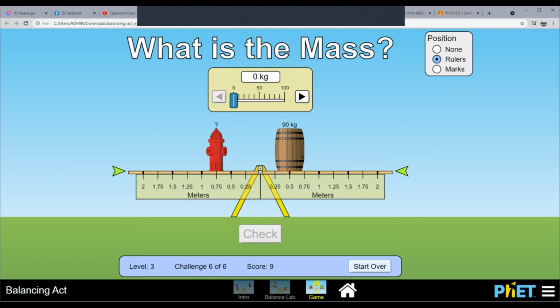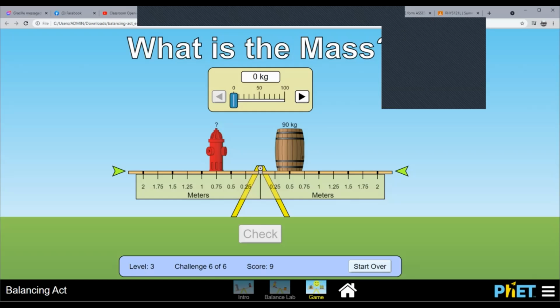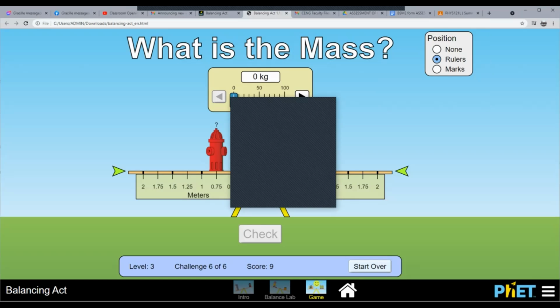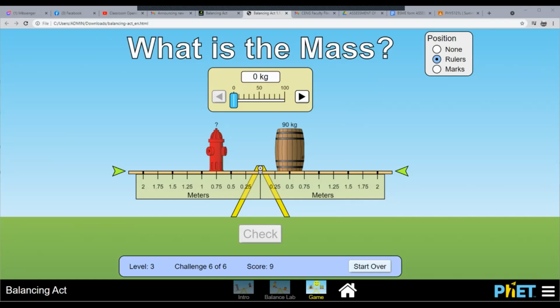What is the value of the mass? What is the mass? 60 kilogram.